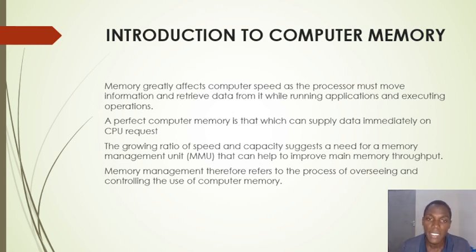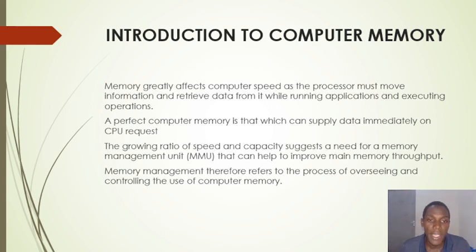So the moment the CPU places a request for certain data in the memory, and the computer is able to provide that data immediately, then we say that that is a perfect computer memory.